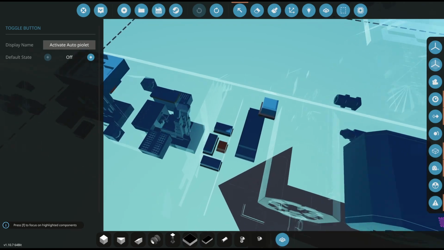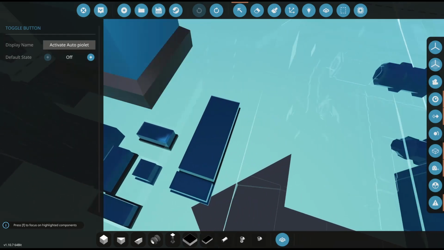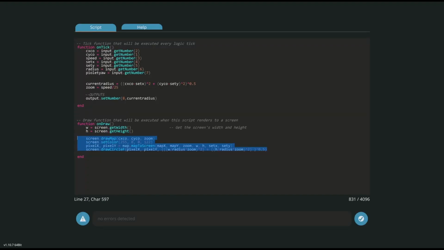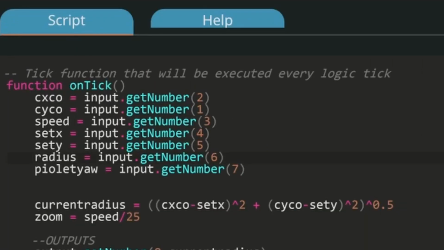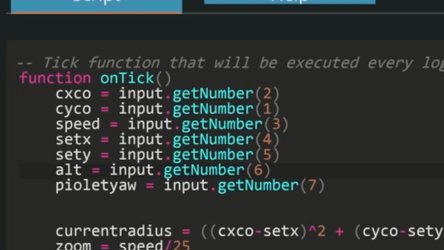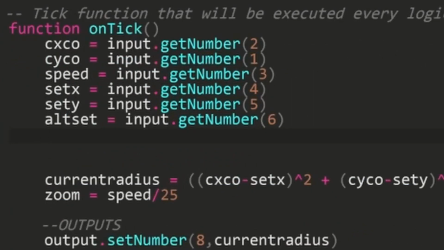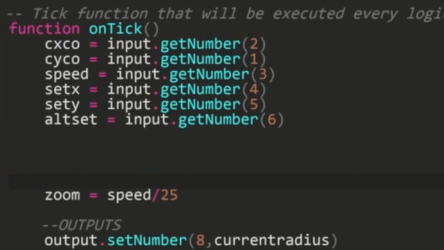This can perhaps do a lot of good things. Autopilot computer. Get rid of all that. Radius is now changed to alt set. Pilot yaw, don't care. Clean all this stuff out. Zoom, current radius, get rid of that.